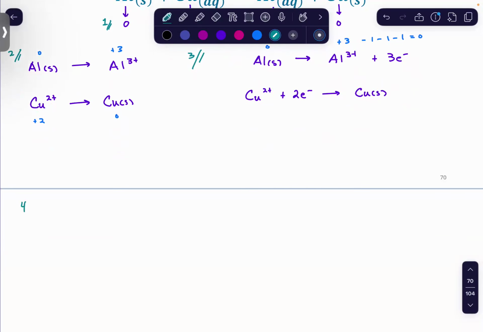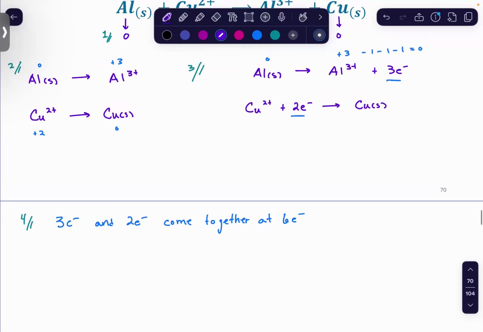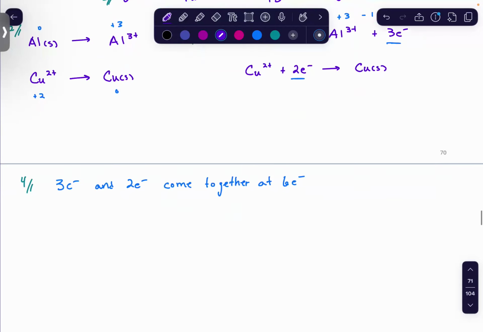So step 4. If you look, you have 3 electrons and 2 electrons. Well, those are going to come together at 6 apiece. So we need to multiply these equations by a number that's going to make that happen.